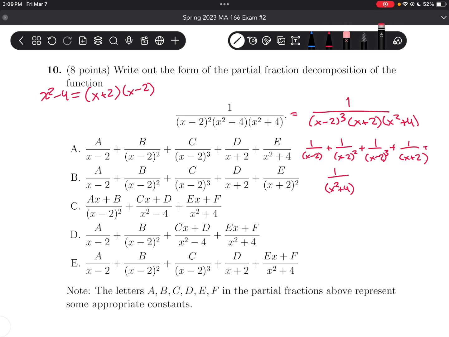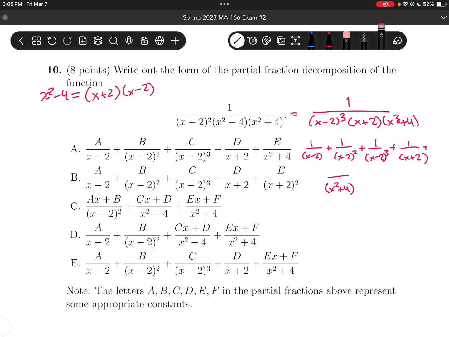However, unlike the others, for the numerator, the other like factors in the denominator are polynomials of degree 1. So the numerator of each of those fractions only has to be a constant.